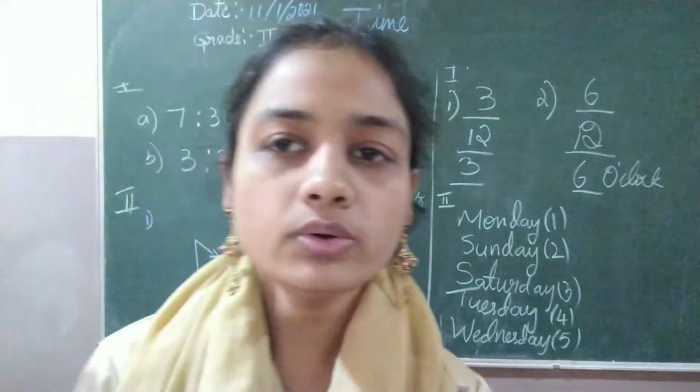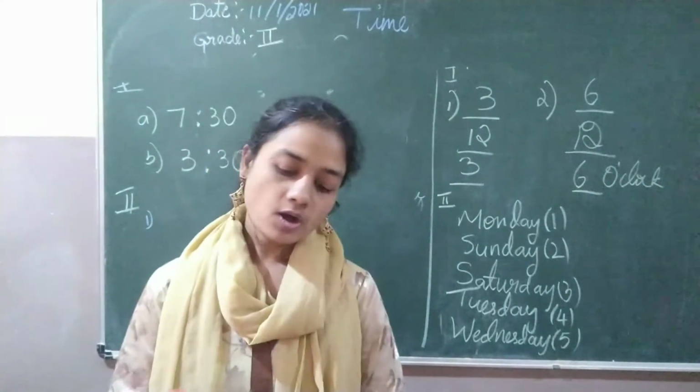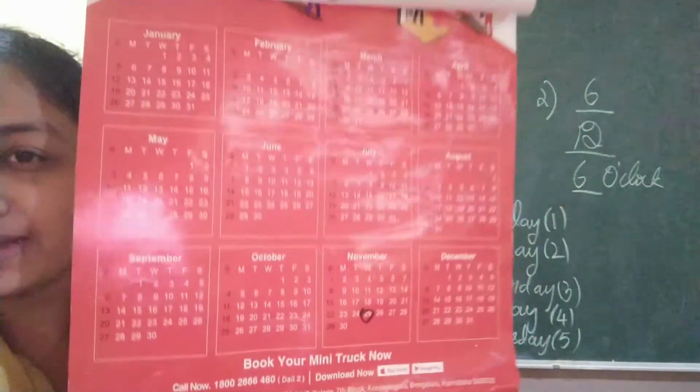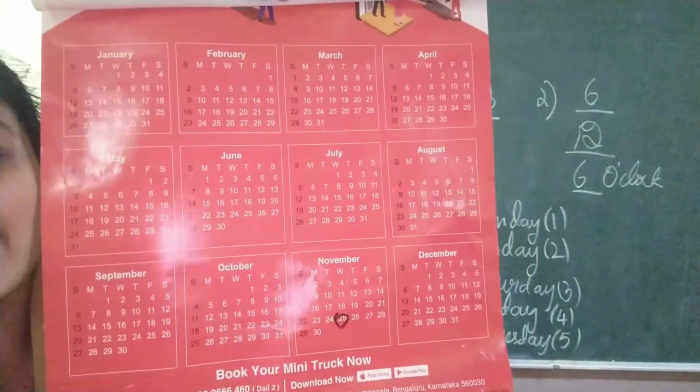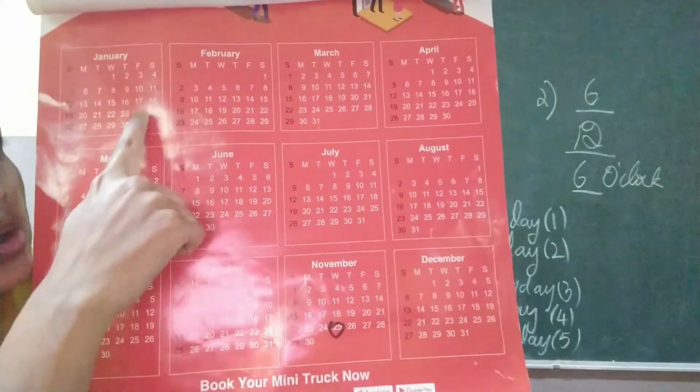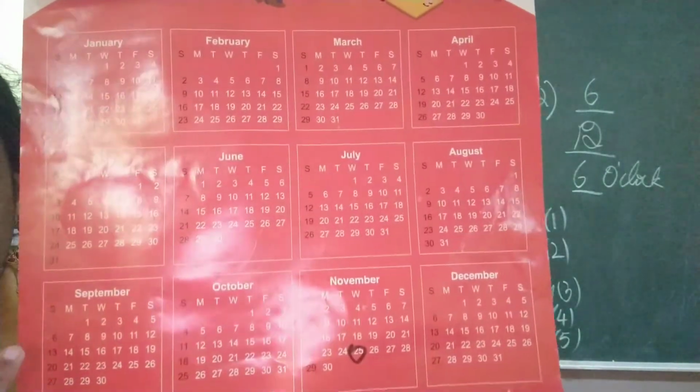You all know in 1 year how many months you have? Just count here. This is a calendar which shows the 1 year. Okay. So you can see how many months in this? You have 12 months.